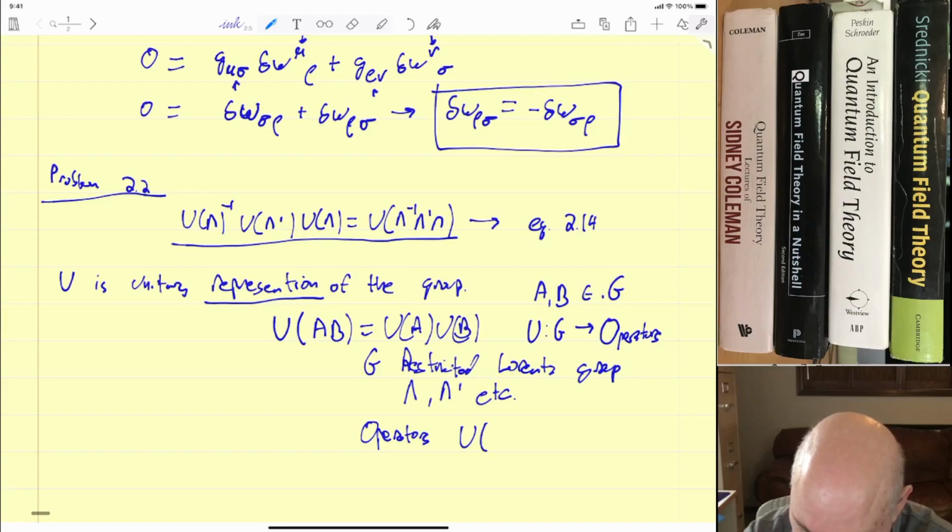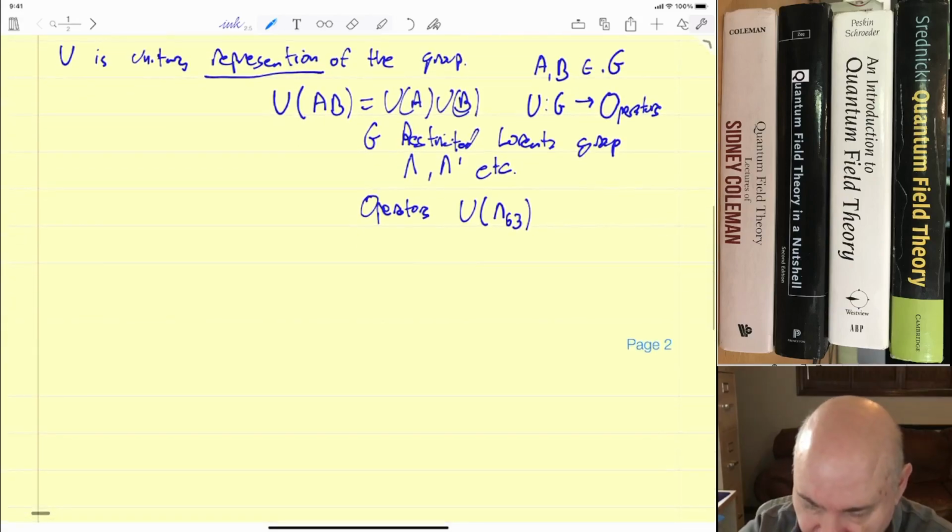U of lambda is an operator. So it's important that sometimes it's confusing, but it's nice to keep clear the distinction.